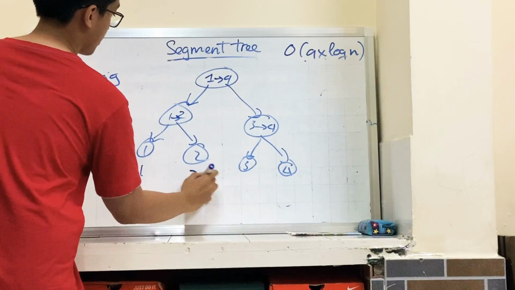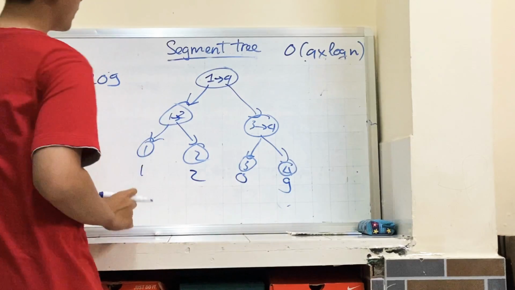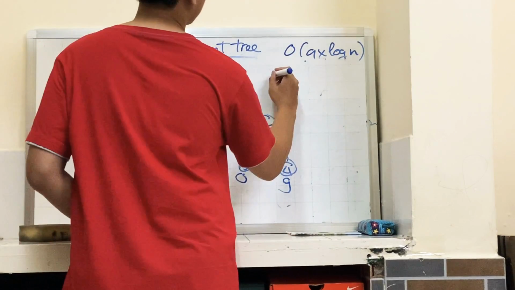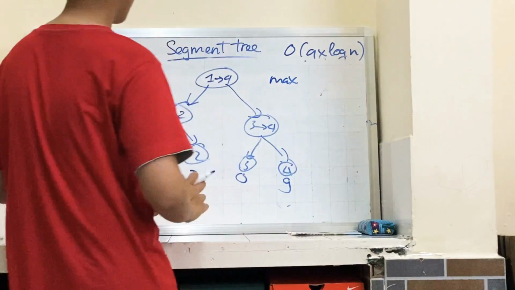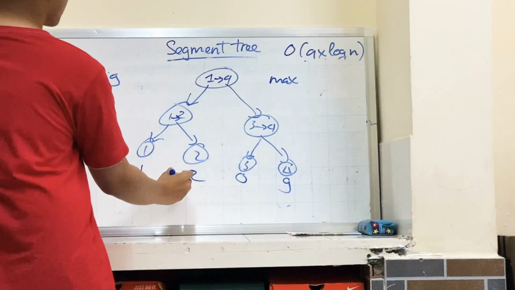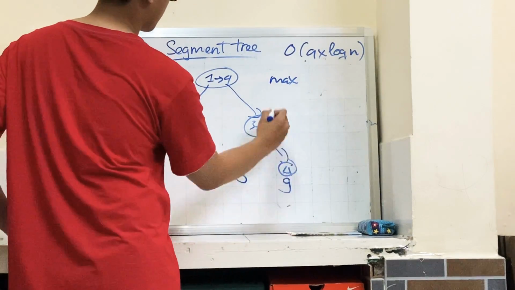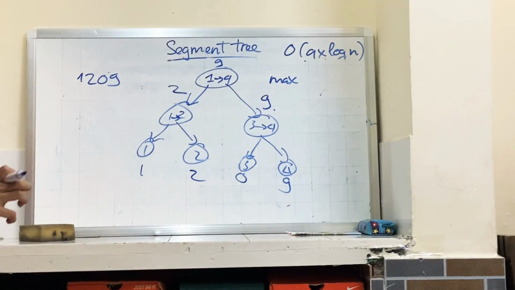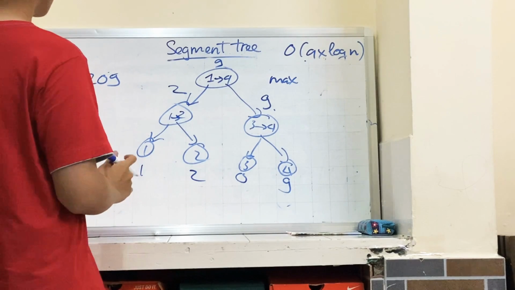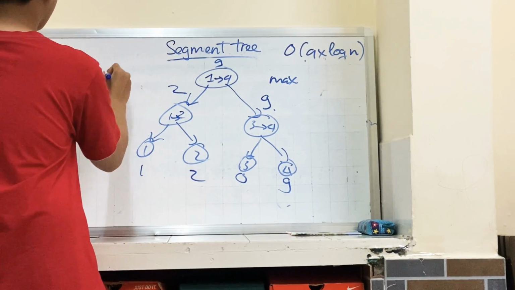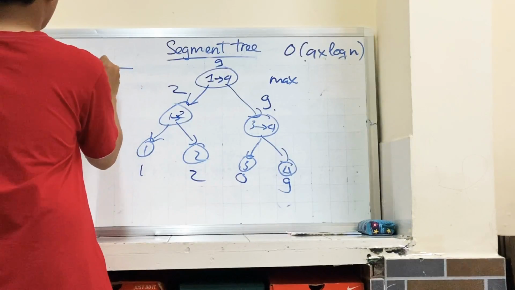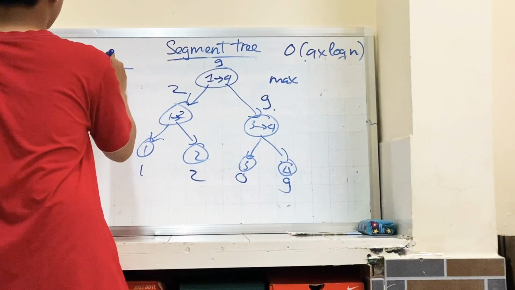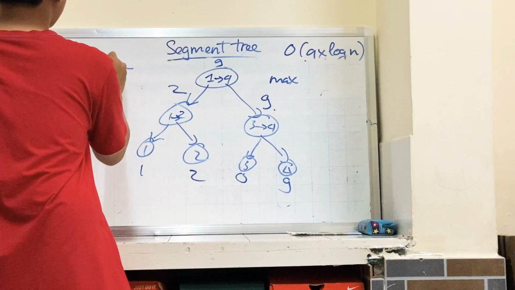So we build the maximum segment tree. It will return the max is 2, return the max 9, return the max 9. Okay, so we have a segment tree.